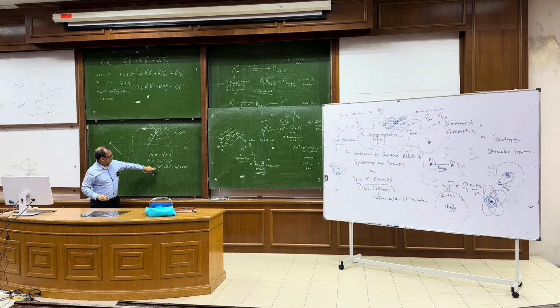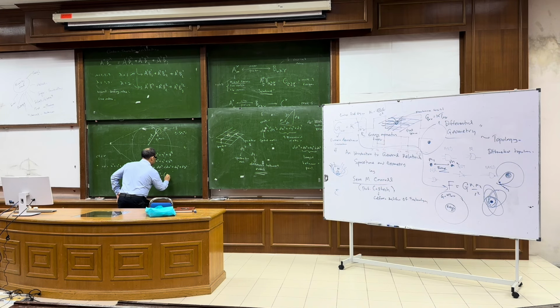So we can say c squared t squared minus d sigma squared is equal to 0. So c squared dt squared minus d sigma squared is 0.